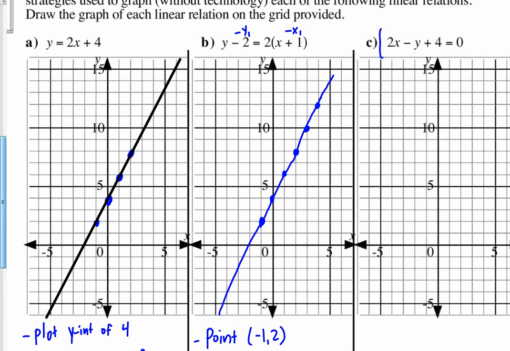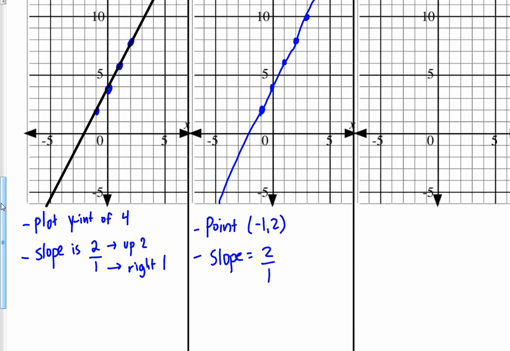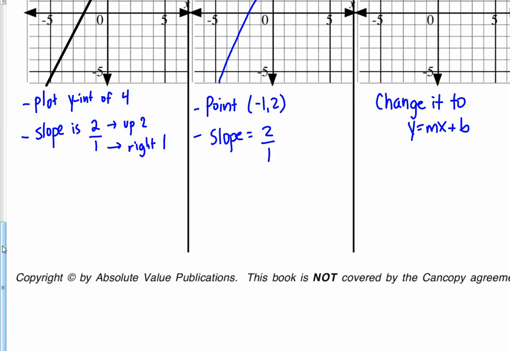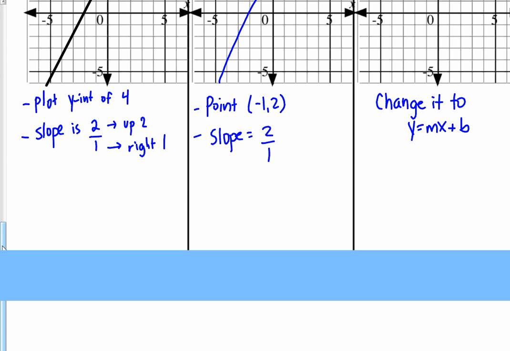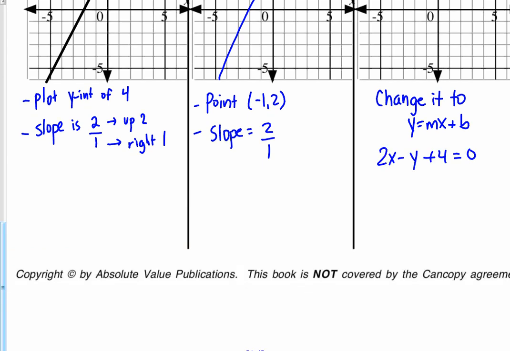What if I gave you this equation? How would you plot it? 2x minus y plus 4 equals 0. You don't. You have to change it. Okay, change it to what? To y equals mx plus b. So then what do we do?